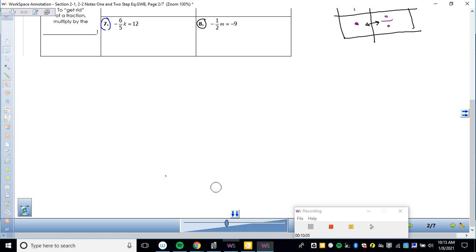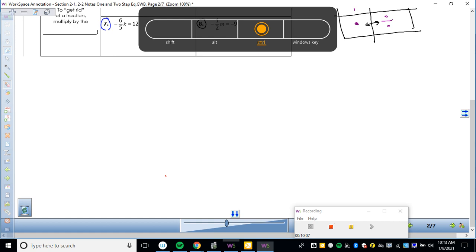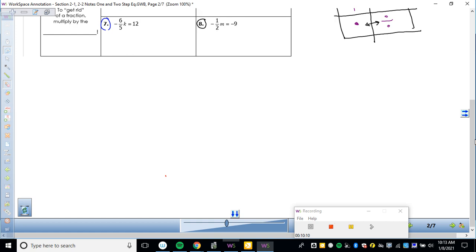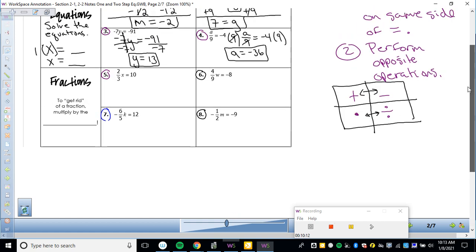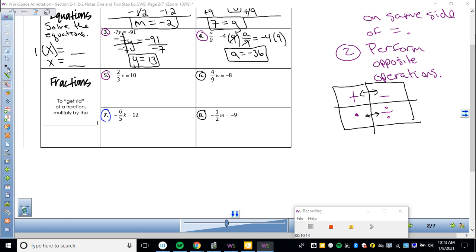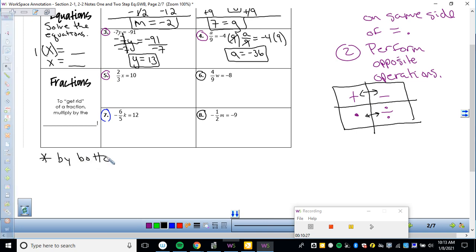So when I have a fraction in front of the variable, we're going to do number 5. With the fractions, I make it a two-step equation. I multiply by the bottom first. The bottom is called the denominator.